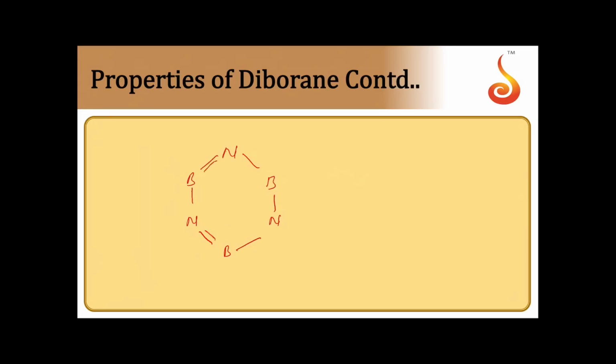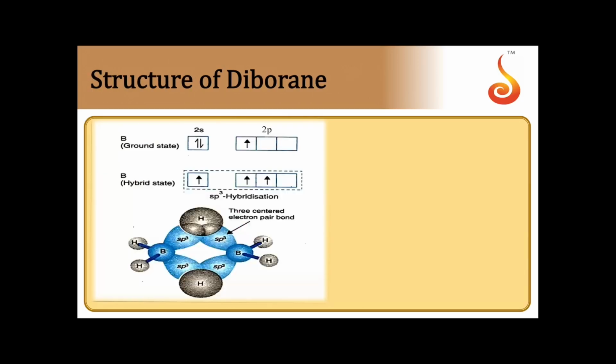We have double bonds here, and each atom is bonded to a hydrogen atom. So the B3N3H6 structure is similar to benzene, hence called inorganic benzene, but this is more reactive when compared to organic benzene because polarity exists in the inorganic benzene, not in the organic benzene.